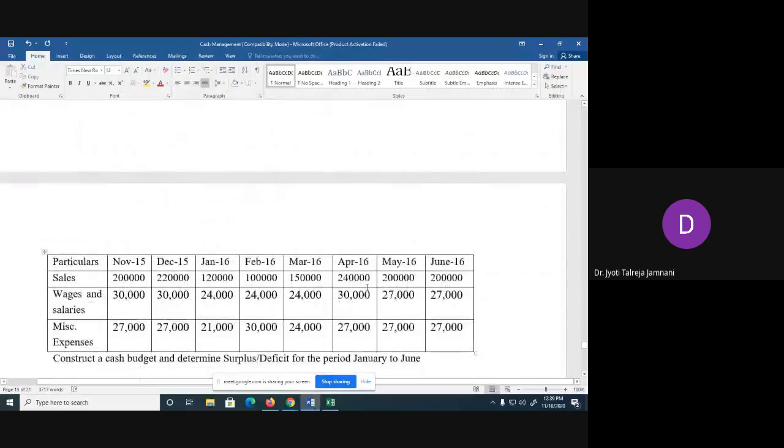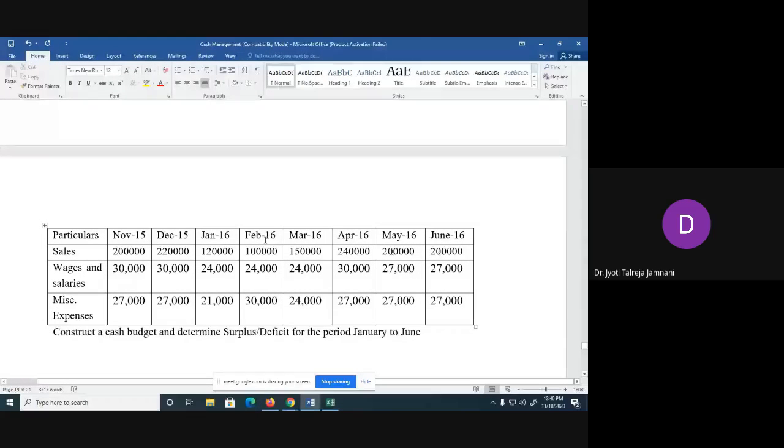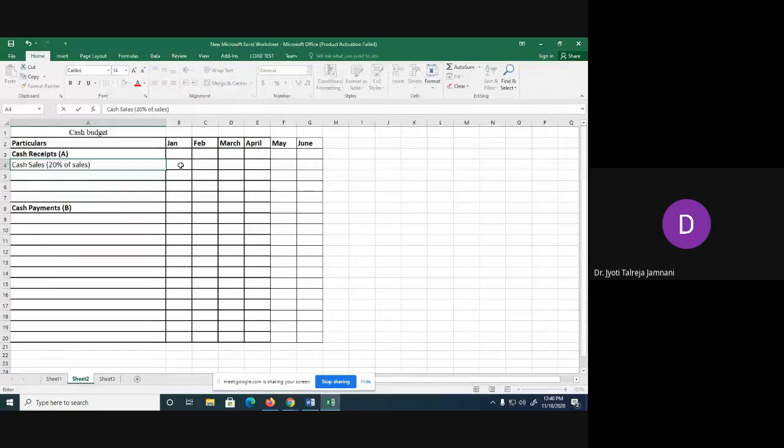The sales value is given here. For all the months, we want from Jan to June only. So January sales is 1,20,000. So we have to find 20% of 1,20,000. You get 24,000. Same way I've calculated for all other months, so I'll just record it.